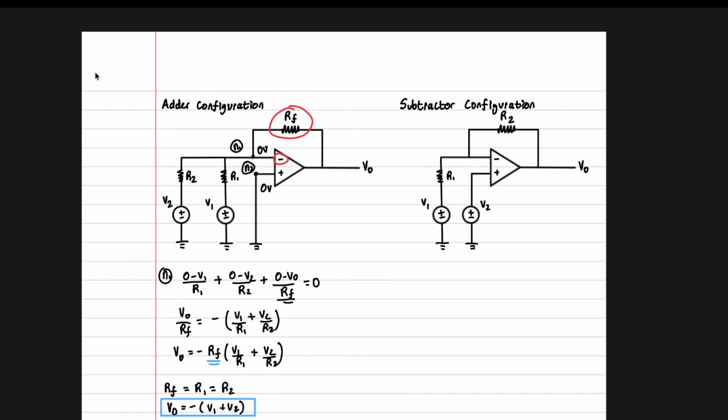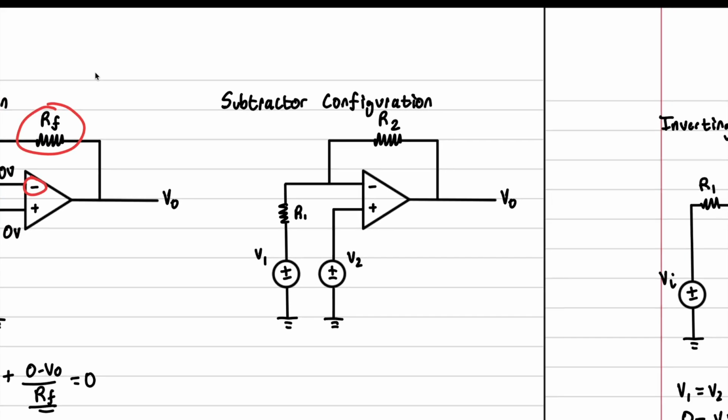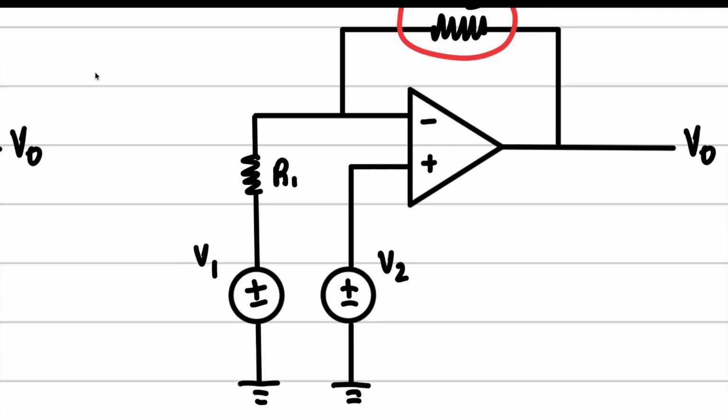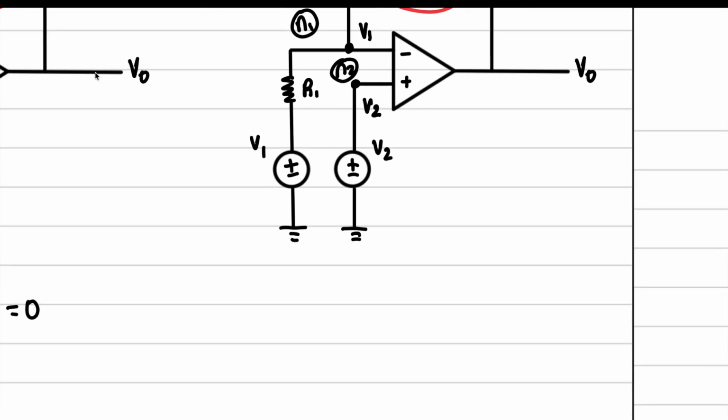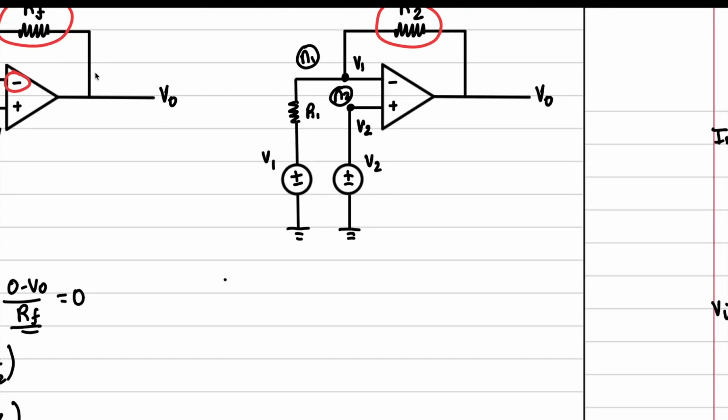And for our last configuration, we have a subtractor configuration. Okay, once again, we have a top amplifier, and we are going to write our nodes. N1 is V1, and then N2 is V2. And we are going to write the nodal equation for N1.